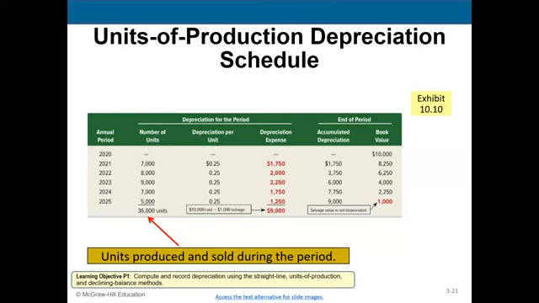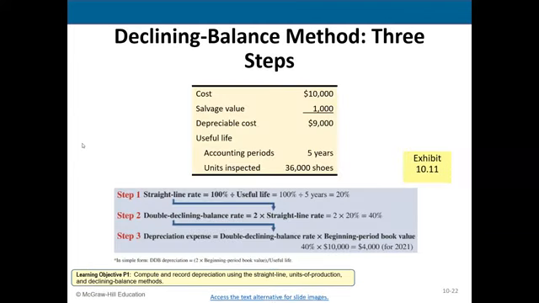That's the salvage value. That's how you know it's correct. Okay, so that's units of production. Everyone understands units of production? Hopefully. That's probably the most complex one. You good? Okay. Just making sure.